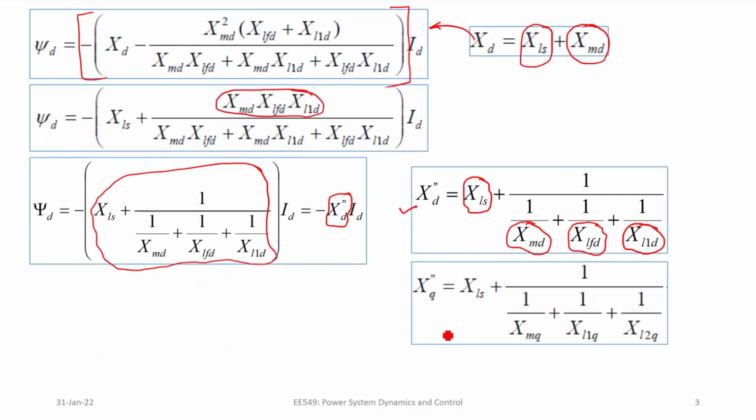We can also, by considering the q-axis flux linkage equations, derive the q-axis subtransient reactance, that is xq double dash.